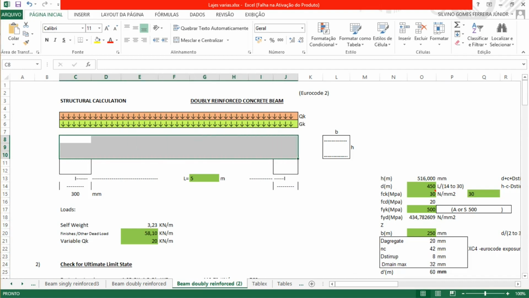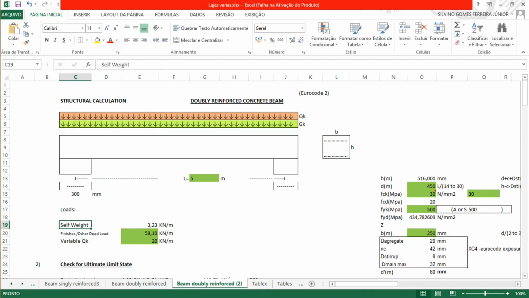Over the 5 meters the load is 58.10, that is the two permanent loads together, plus the variable load 20, and for the self weight we are going to determine this load in the following way.